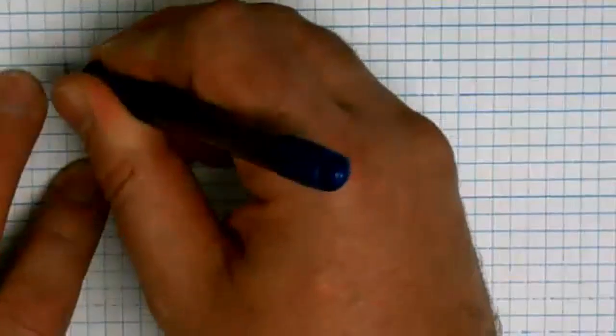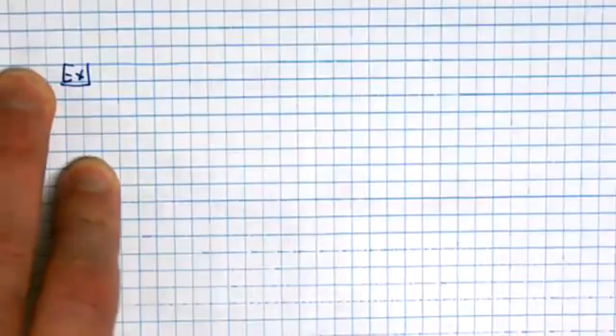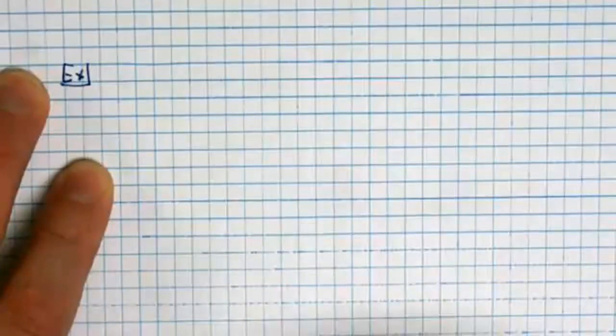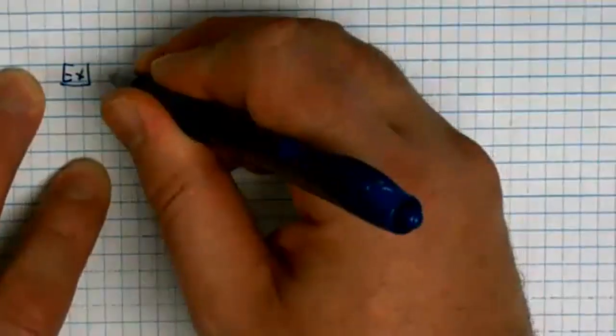So here's our first example. Let's find all zeros and write a linear factorization. That would be the instructions.